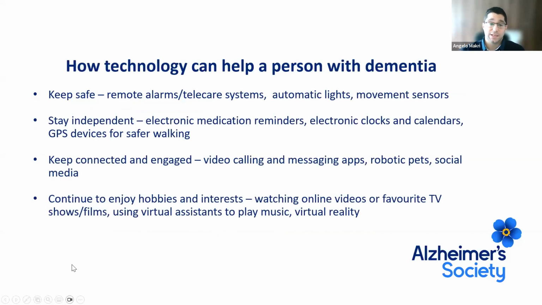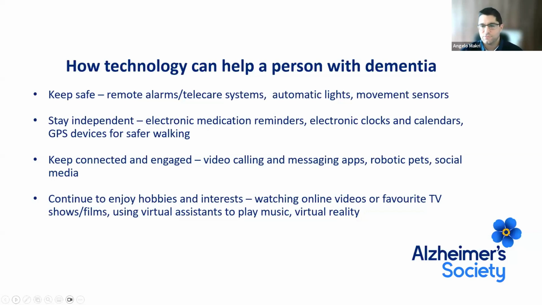So some of these Alex has covered already. In terms of how technology can help a person with dementia, I put these into 4 quite broad categories. Firstly, it can help a person to keep safe. This could be through using remote alarms or telecare systems, or automatic lights. So if the person gets up in the night and needs to use the toilet, they don't need to find the light switch.